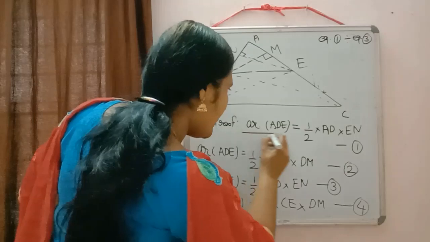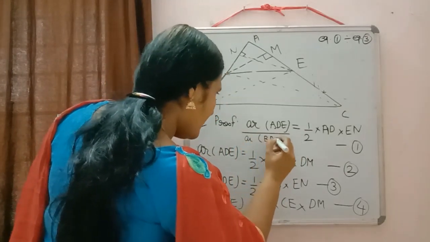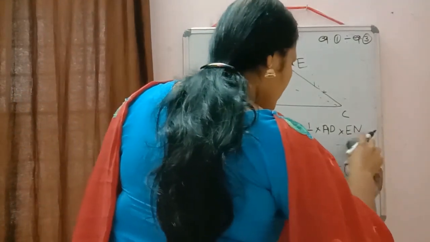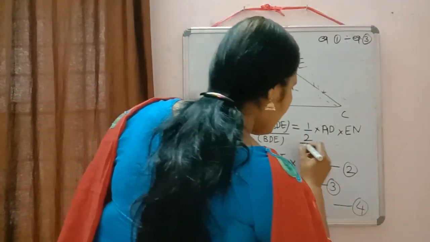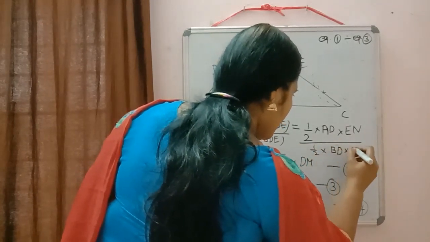So area of triangle ADE divided by area of triangle BDE is equal to half into AD into EN divided by half into BD into EN.